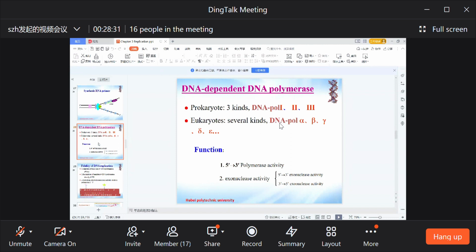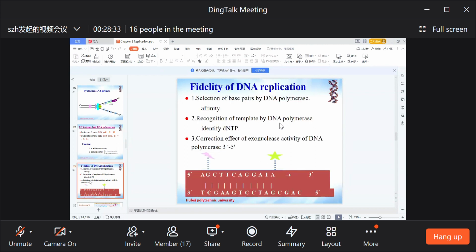You can see here in the PPT the fidelity of DNA replication. The DNA polymerase can select the right deoxyribonucleotide.